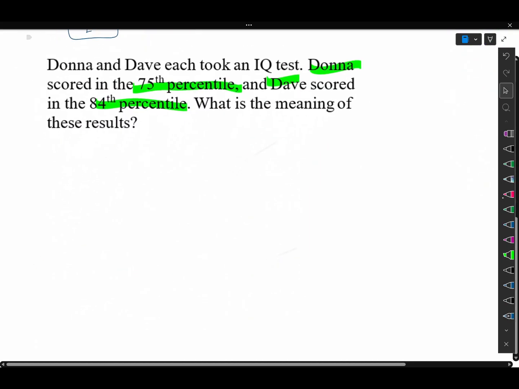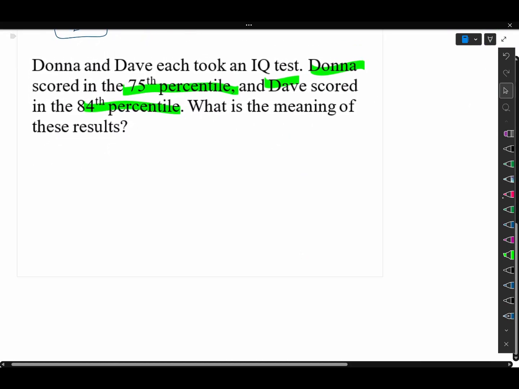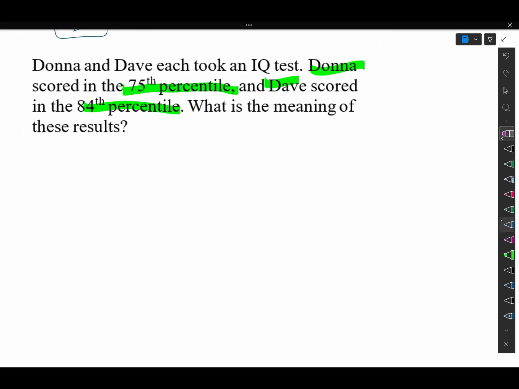Our percentiles would split up our data into 100 sections. So if Donna scores in the 75th percentile, what that means is Donna scored better than 75% of others who took this IQ test. I'll say that again. Donna scores higher than 75% of others who took this IQ test. Dave scores higher than 84% of people who took the IQ test.